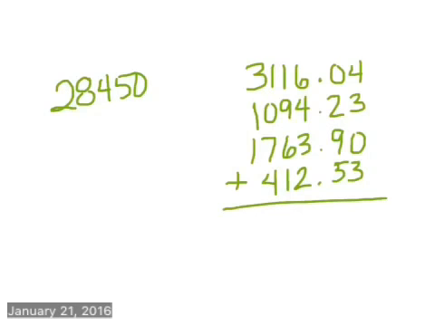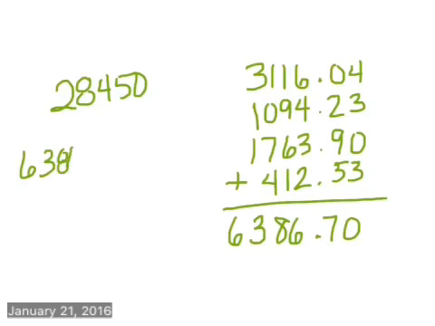Hopefully one of you do it, but the number is $6,386.70. So then what I do to find the actual rate of benefits is I take that $6,386.70 and divide it by 28,450.